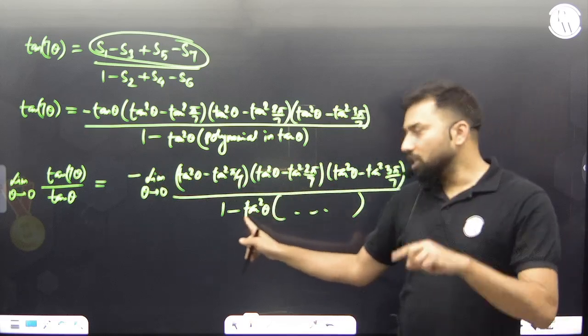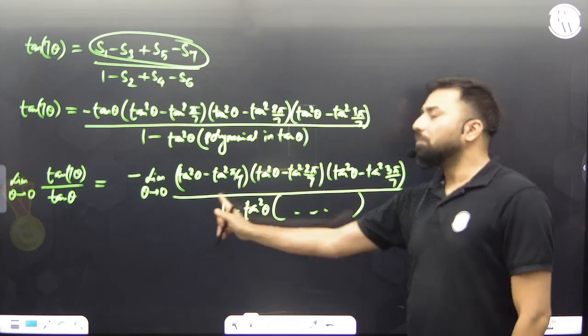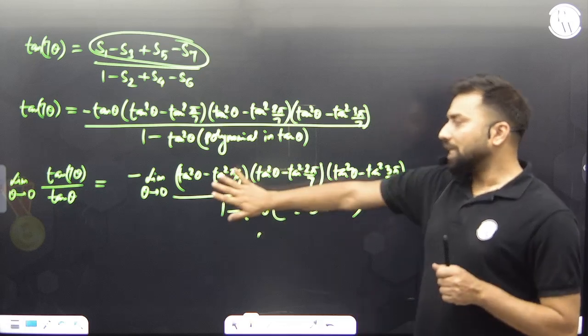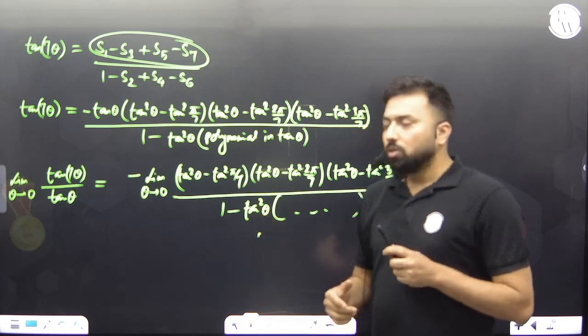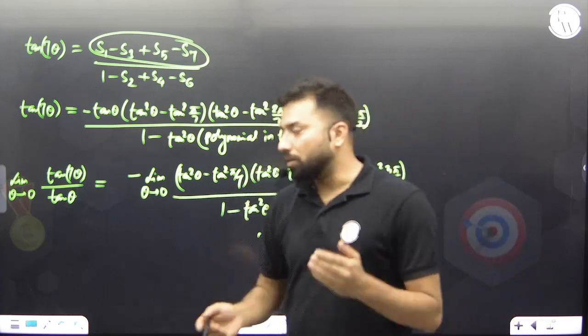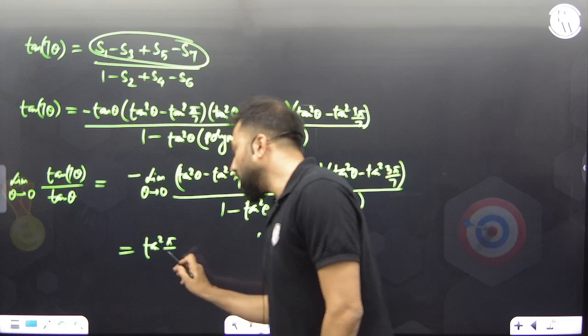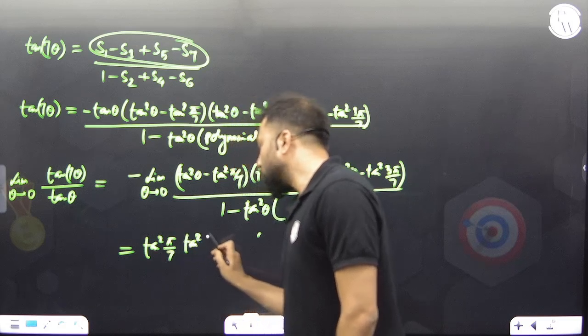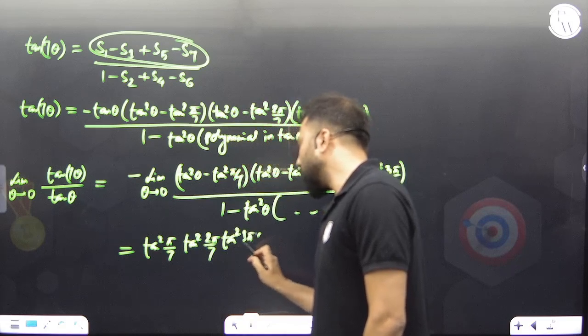If theta tends to 0, the limit of this will be 0, so eventually the denominator will become 1. So the numerator is what we intended to find and the denominator is 1. So basically the right hand side now becomes tan square pi by 7 into tan square 2 pi by 7 into tan square 3 pi by 7.